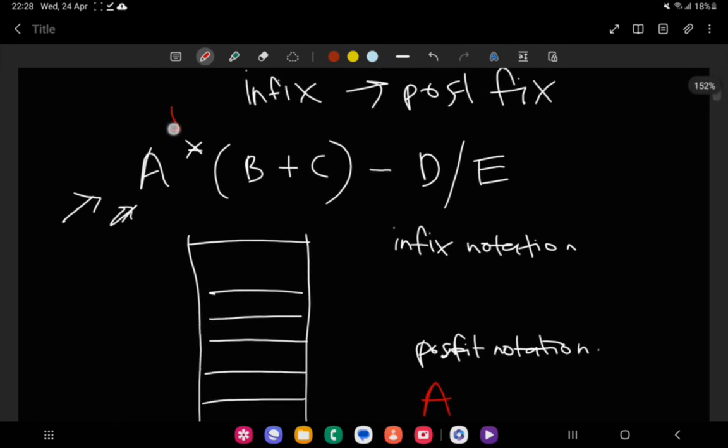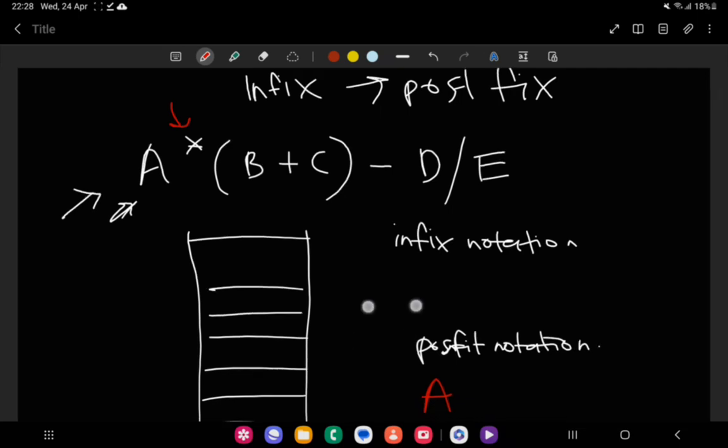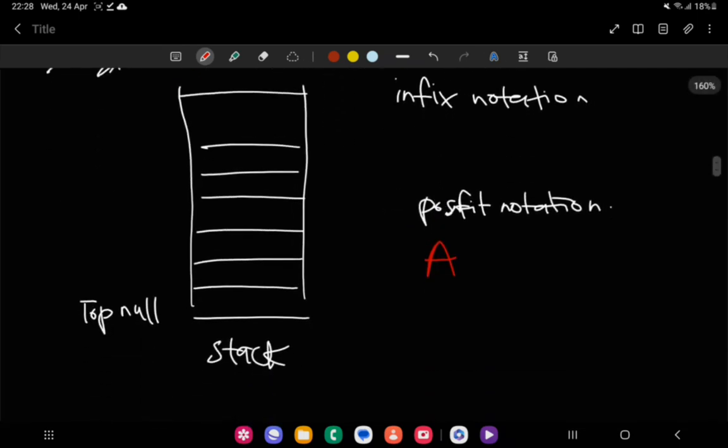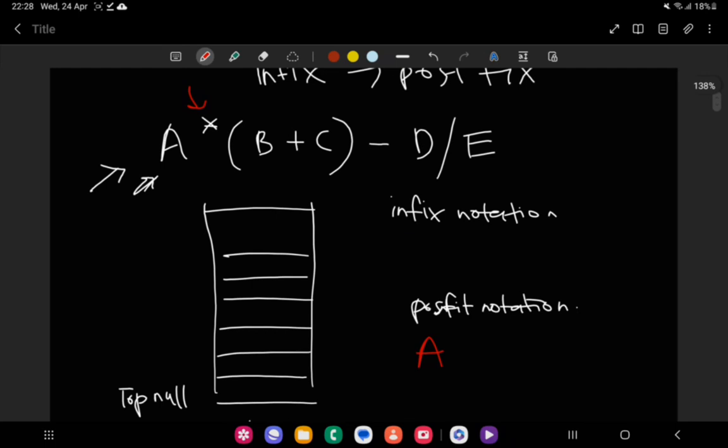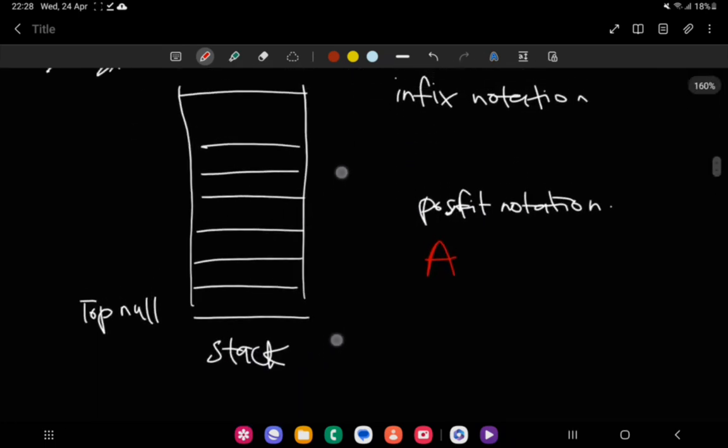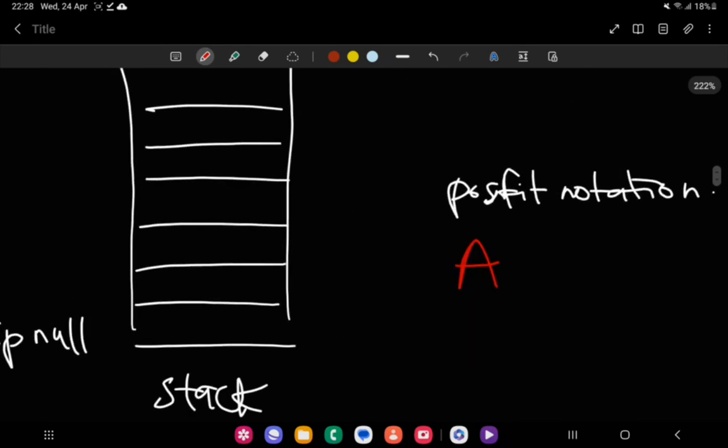is this, which is the multiply token, right? Since the stack is empty, the operator is pushed to the stack. So we put the operator here. Alright.